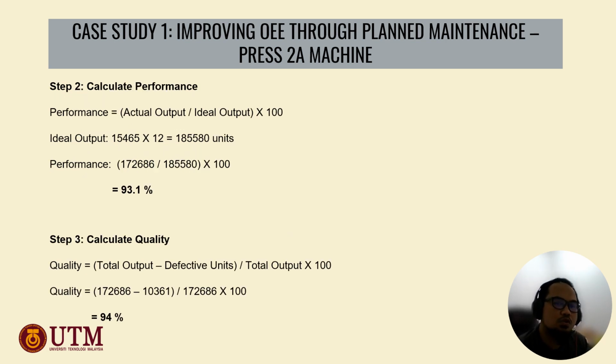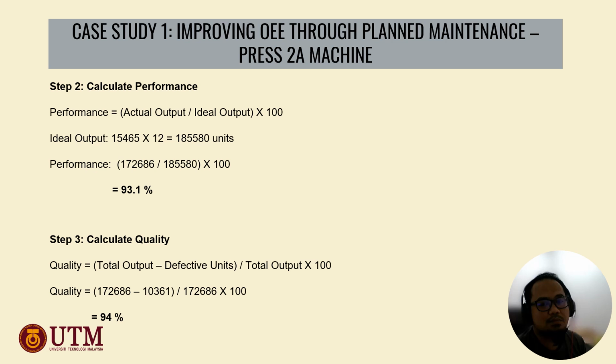Okay, next we continue with step number two to determine the performance. The formula is actual output divided by ideal output times 100. From the data given, we put the values into this equation and we get a performance of 93.1%.